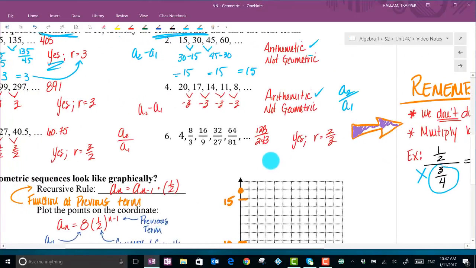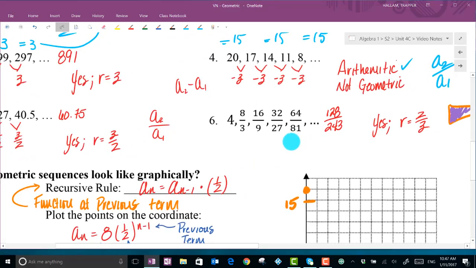So let's implement that over here on this example. I'll blow it up so I get some more room. First thing I would probably do here is change this integer 4 into a fraction form. Still an integer, still a whole number, but now I've got it looking like a fraction so that I can complete my a2 divided by a1. So this is my a2, which is 8/3, the term next to it, right? And instead of dividing by 4, I'm going to multiply by the reciprocal, 1/4.